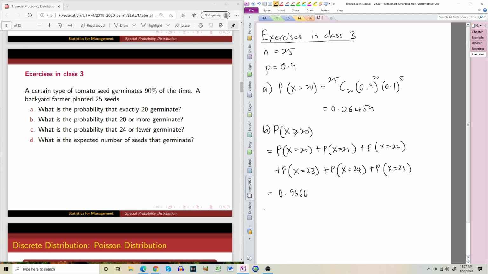For C, P(X) is 24 or fewer. This part you don't need to start with 0, 1, 2, 3 until 24. It will be very tedious.